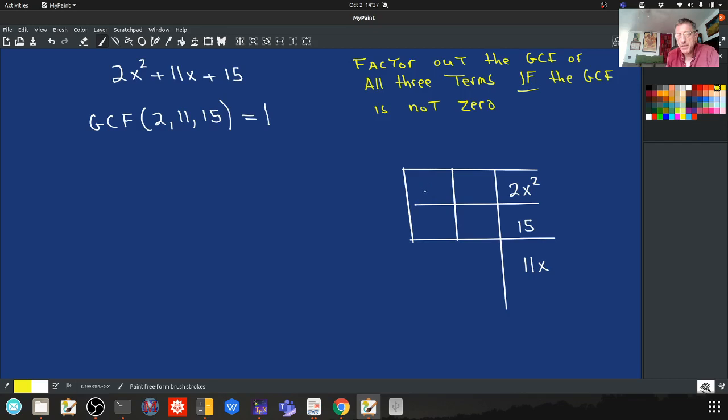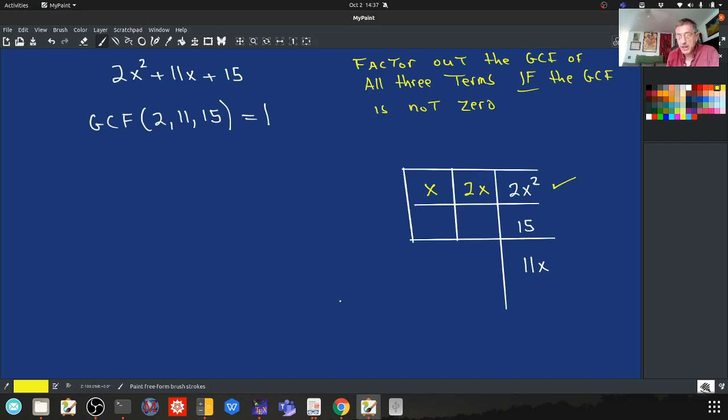So both of these have to be variable terms. There has to be an x in this box and a 2x in this box. That's the only combination because the leading coefficient is prime. So x times 2x is 2x squared.